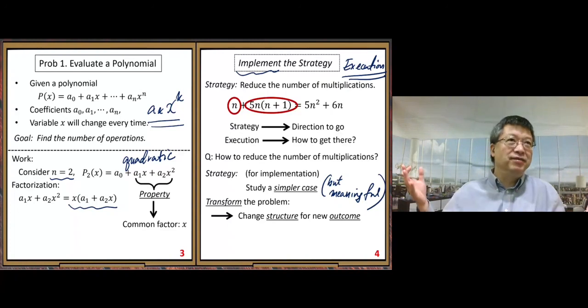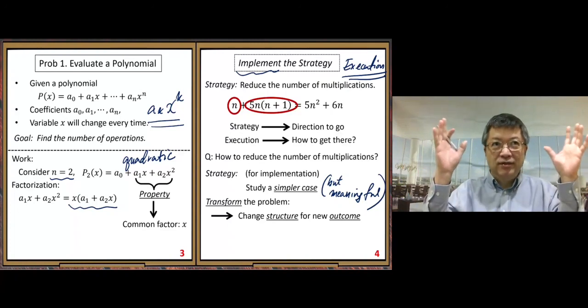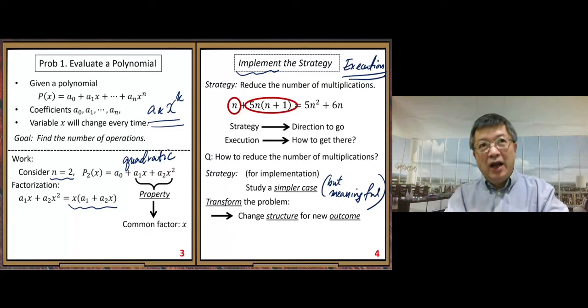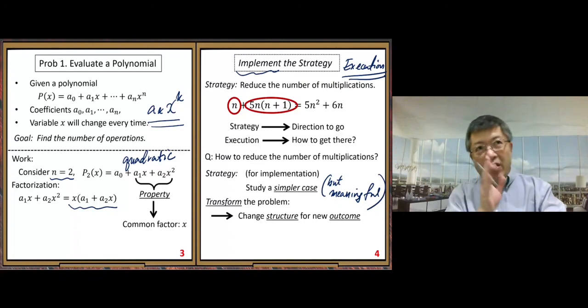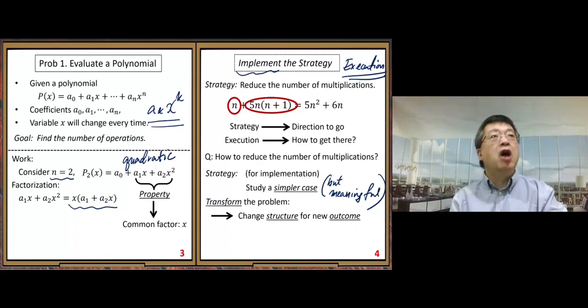So what's that? Let's look at it in this way. Let's do the counting. Count the number of multiplications. From the first expression, how many multiplications do we need?